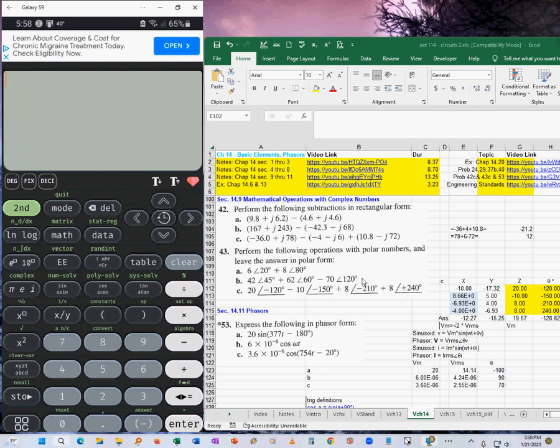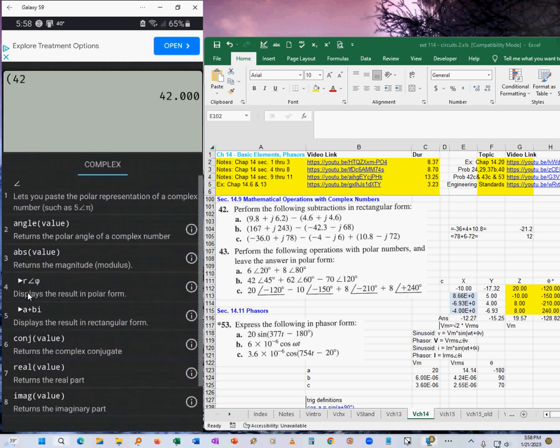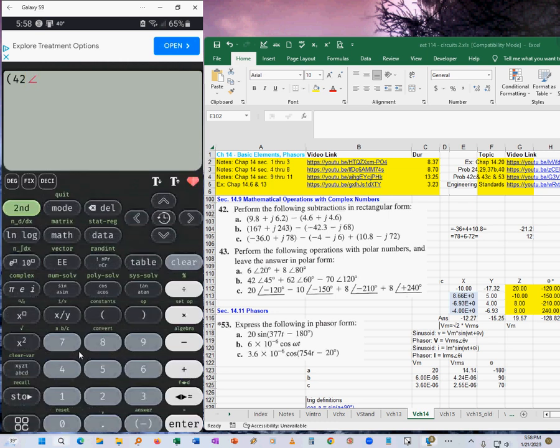So let's take 42 angle 45 and multiply it times 62 angle 60, and then divide by the last one, negative 70 angle of 120.